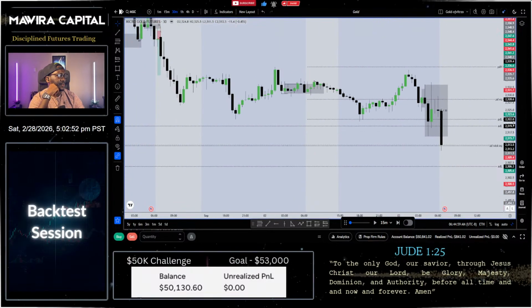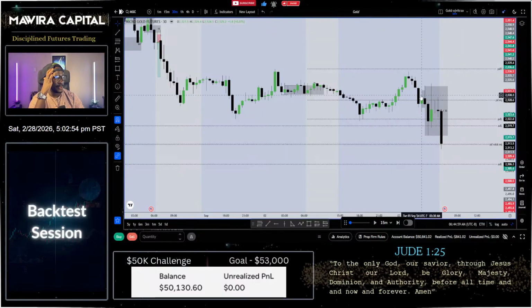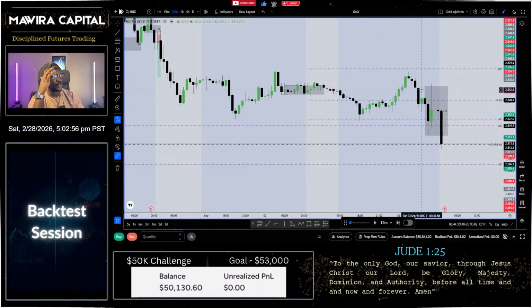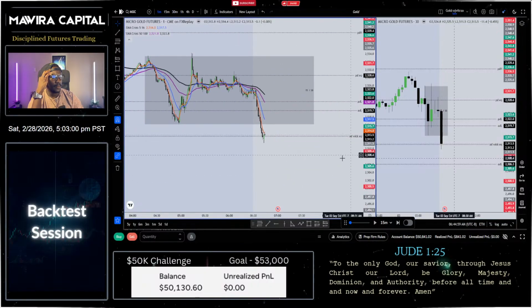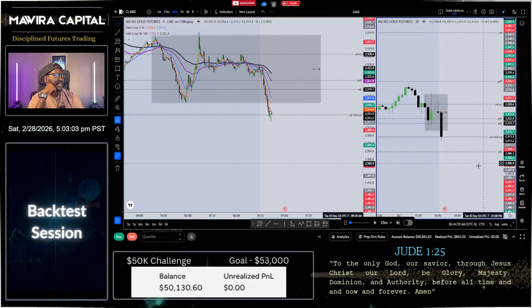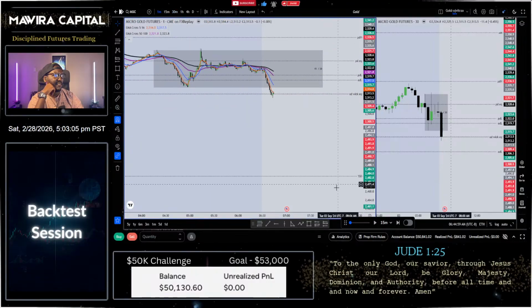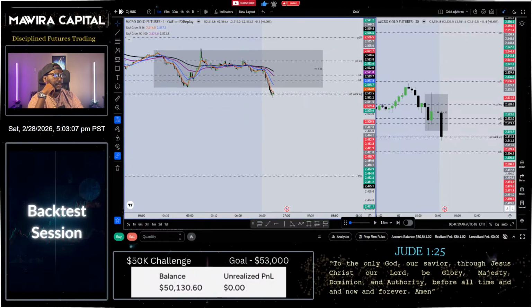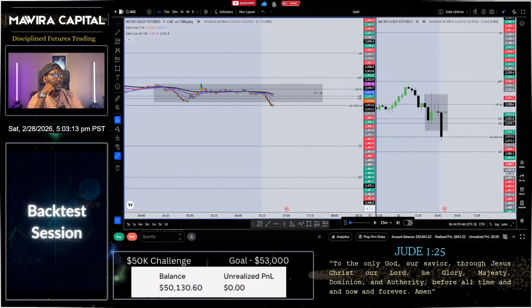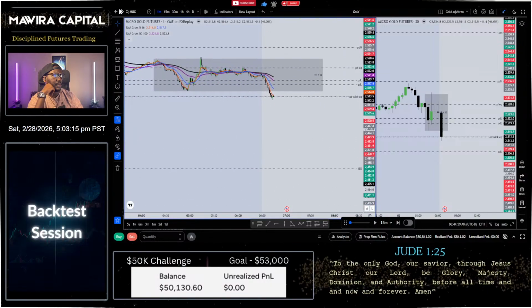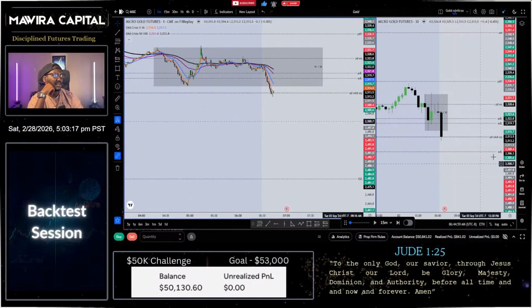Okay, so this is good enough. So my bias is shorts right now. Shorts. Yeah. There's that old daily low level right there. This is so weird.